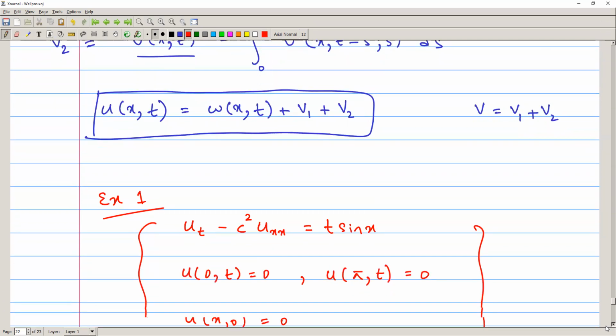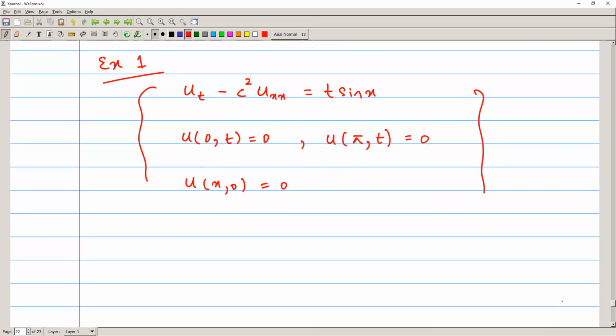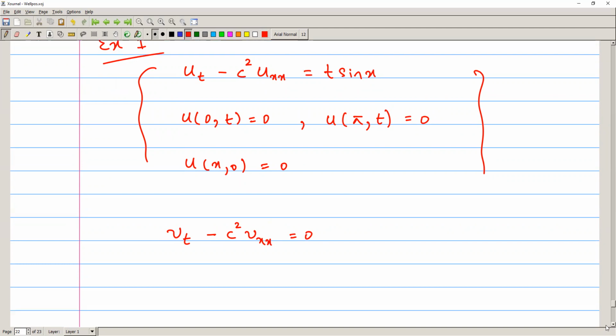So we can transform these equations to the Duhamel's form. So here with the Duhamel's form, nu t minus c squared nu xx is equal to 0, and we are not concerned with the boundaries because they are 0 0.